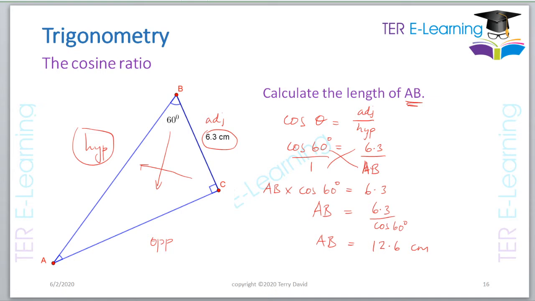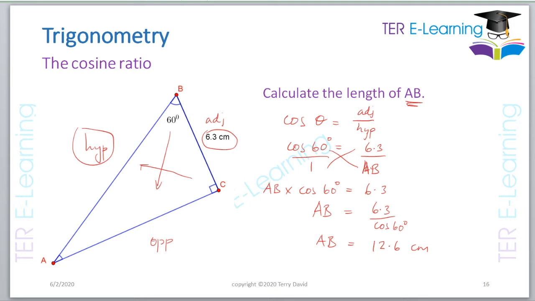Alright, so the answer is 12.6 centimeters. Alright, so 12.6 is correct. Those of you who have got that, that is correct. Alright. So that's the cosine ratio. Those are three different questions they can ask regarding the cosine ratio.